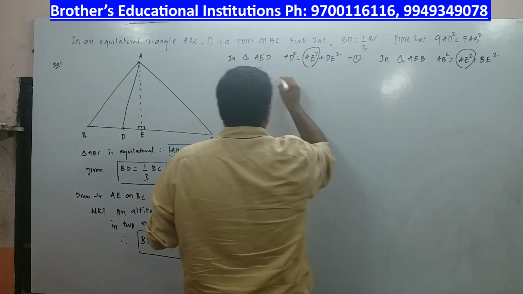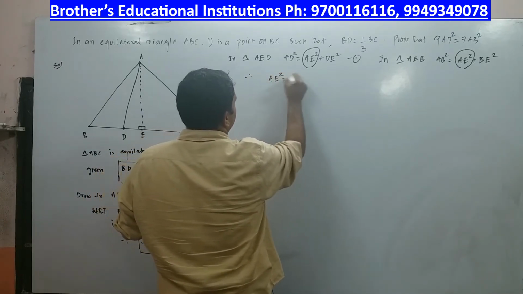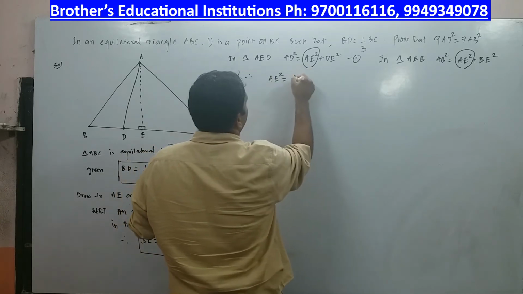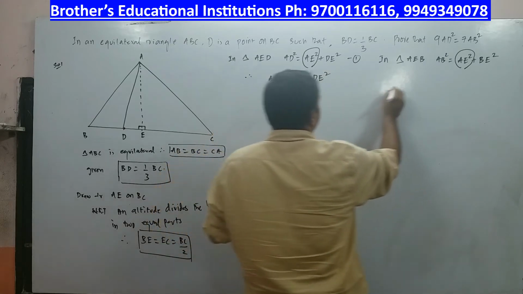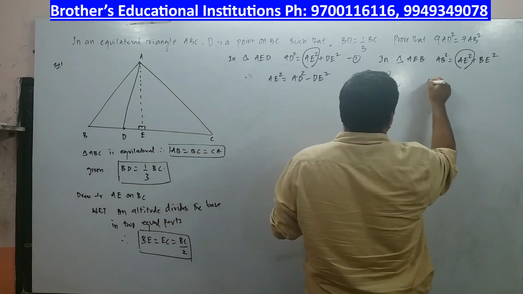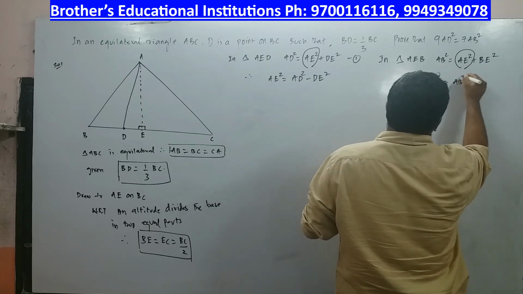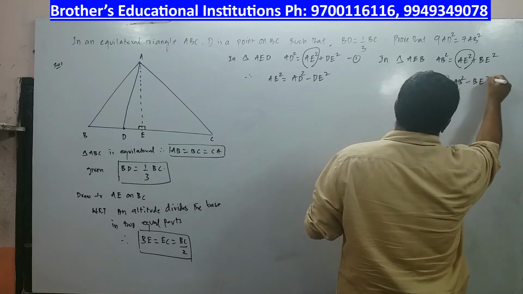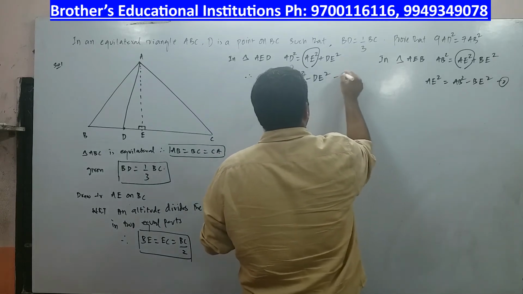So I will write therefore AE square is equal to AD square minus DE square, and here also you have AE square is equal to AB square minus BE square. Let me call this as equation 2. I will call this as equation 1.